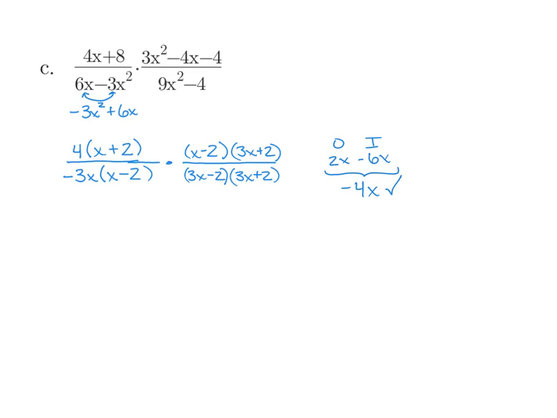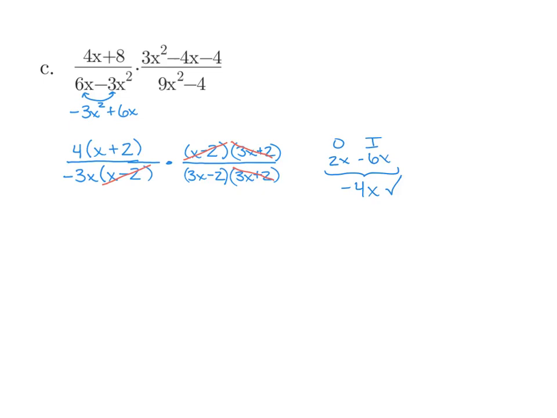Now that everything is factored, I can go ahead and do my cancellations. What cancels? Well, I have an x minus 2 and an x minus 2. I also have 3x plus 2 and 3x plus 2. Those are the only things that are going to cancel. So now we want to write what is left over.